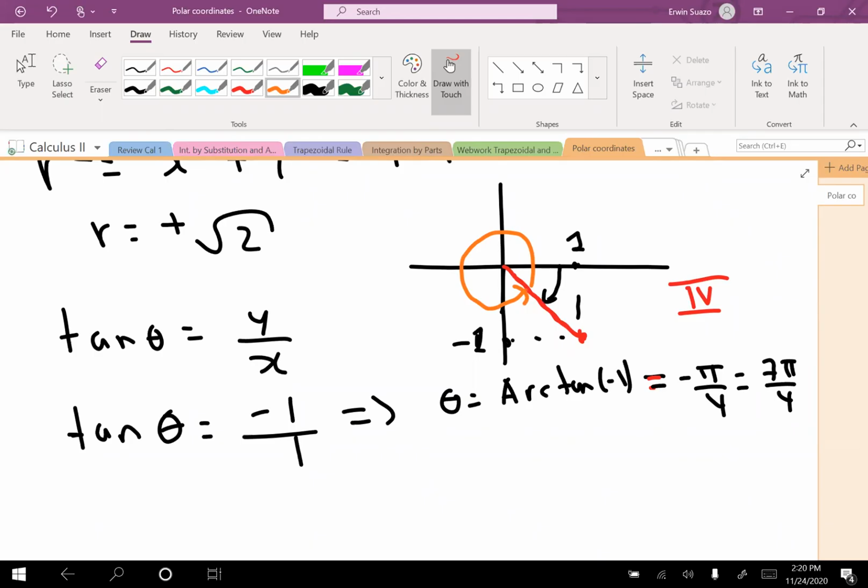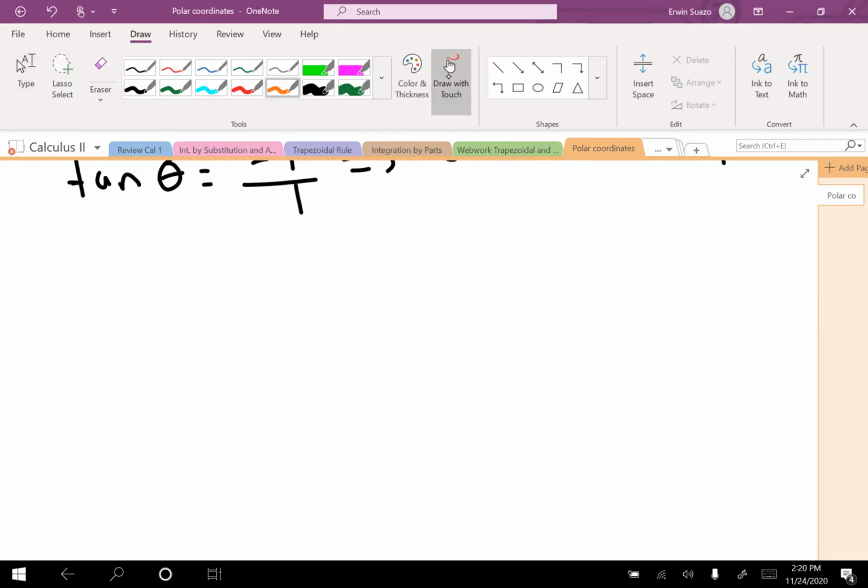So we're going to do some calculations with polar coordinates, but we're going to call it polar curves.